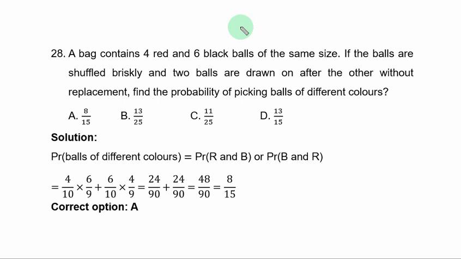Question 28. A bag contains 4 red and 6 black balls of the same size. If the balls are shuffled briskly and 2 balls are drawn one after the other without replacement, find the probability of picking balls of different colors.